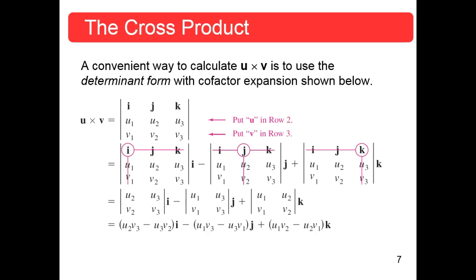And here's what the determinant is. To get the i value here, wipe out the first row and the first column. And the i value would then be u2v3 minus u3v2, okay? And that's where you got this term, okay?